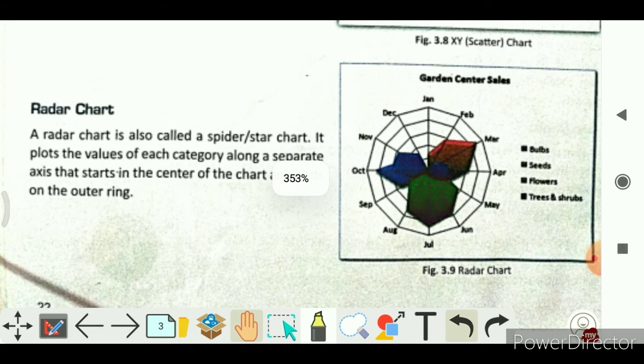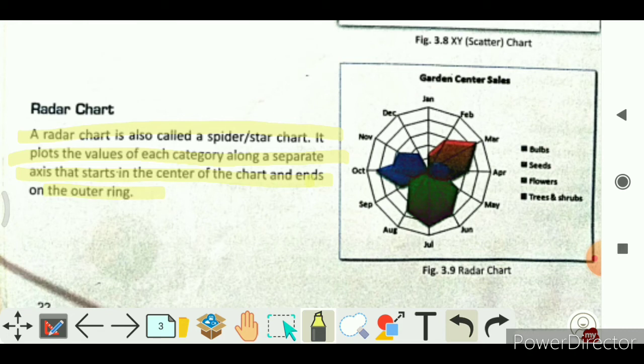So what has been written here? A radar chart is called a spider or star chart. It plots the values of each category along separate axes that start in the center of the chart and end on the outer edge.